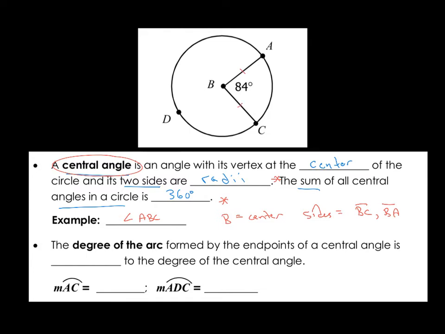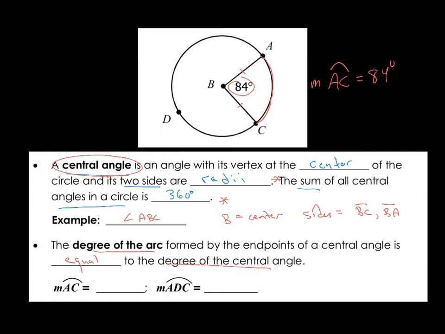And the degree of the arc formed by the endpoints is equal to the degree of the central angle. So if this is 84 degrees, then the degree of the arc is also 84 degrees. So the measure of arc AC is equal to 84 degrees.